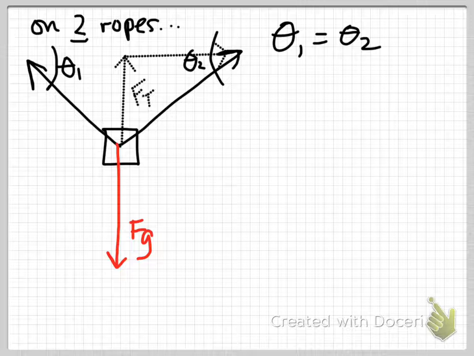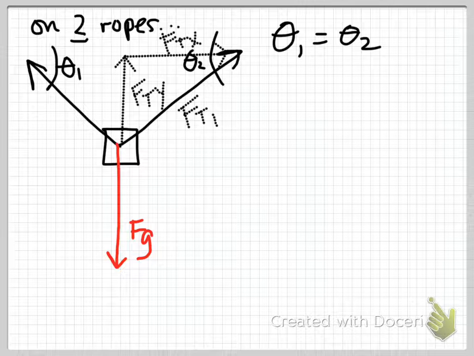So force of tension on the y, force of tension on the x. And where we have force of tension, I guess I made that 2. Now in this case, like I said, theta 1 and 2 are equal.